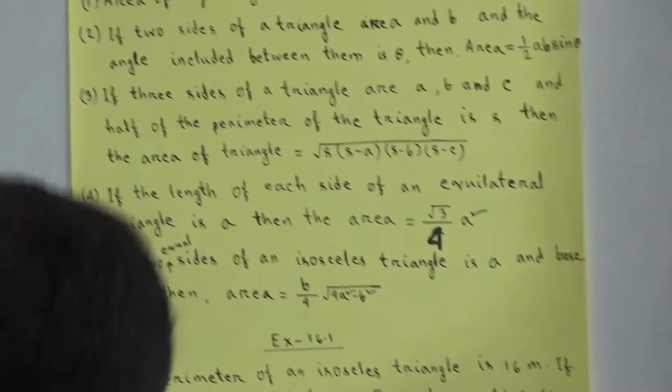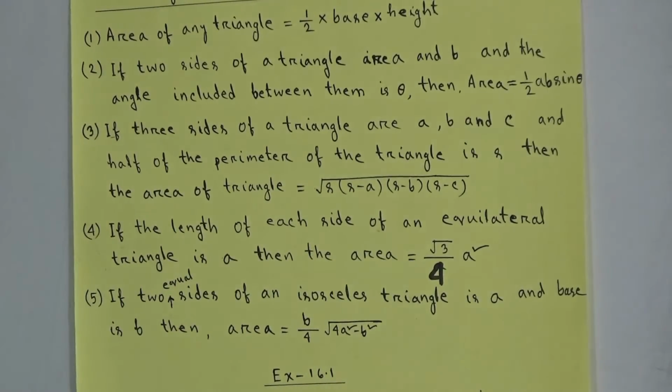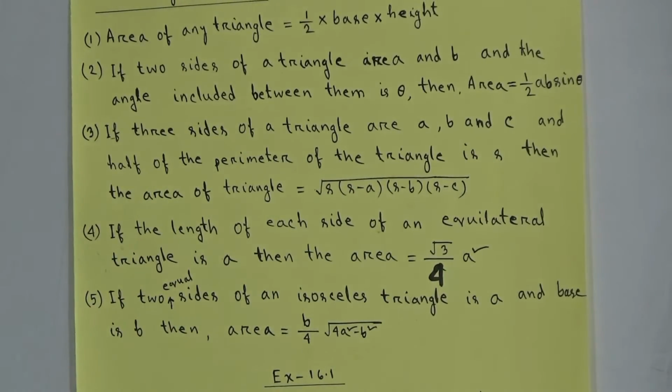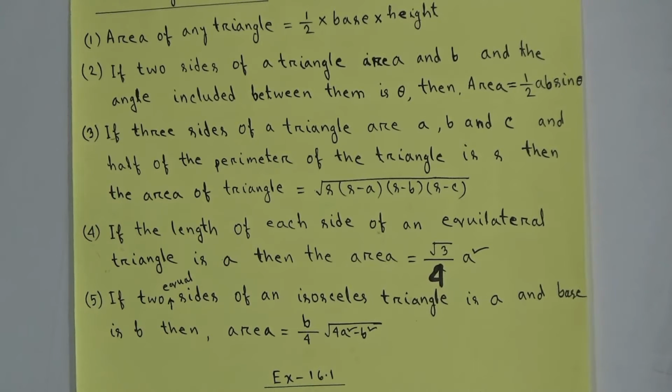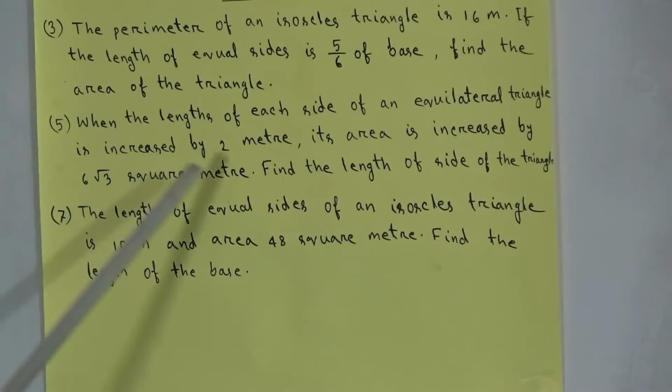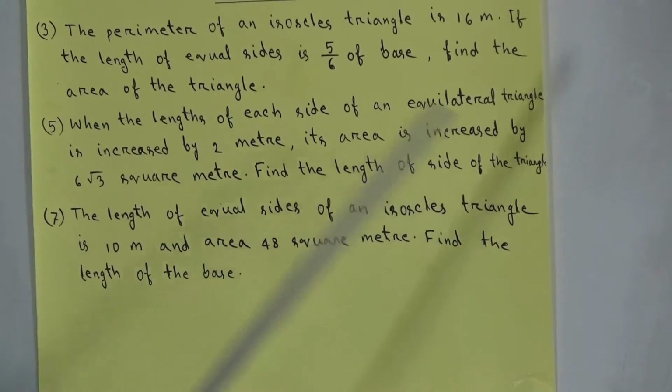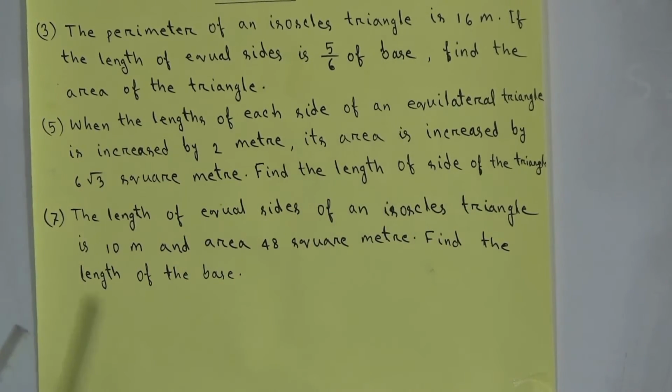Question of 5 number is, when the length of each side of an equilateral triangle is increased by 2 meter, its area is increased by 6 root 3 square meter. Find the length of the side of the triangle.